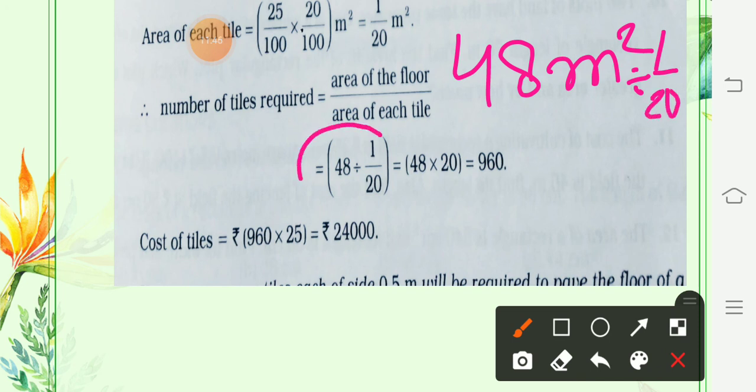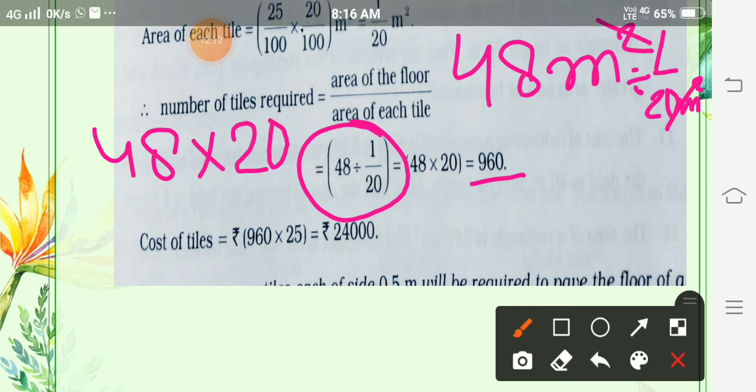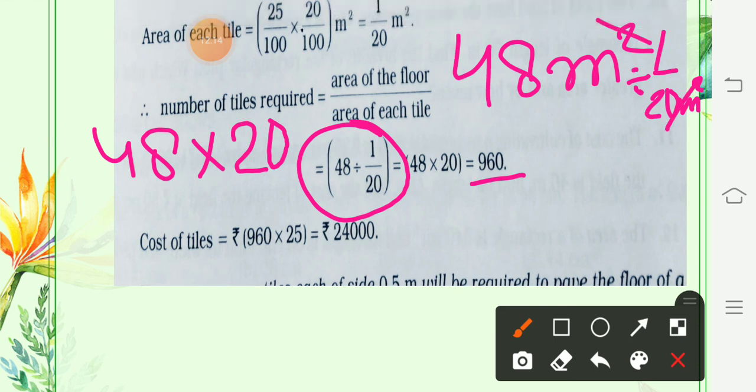This type of calculation we have studied in class 5 only. 48 will remain same and divide becomes multiply with the reciprocal. So reciprocal of 1 upon 20 will be 20. So 48 into 20 will equal 960 tiles. Meter square to meter square will cancel, because you are observing here in this formula meter square to meter square will cancel. So we get 960 required number of tiles.